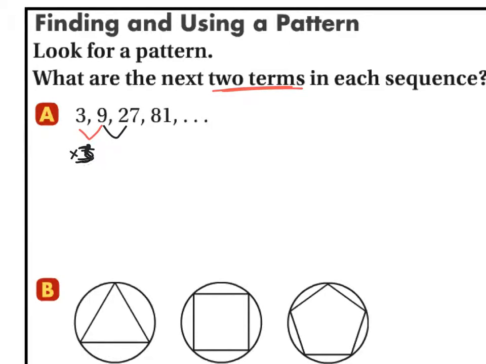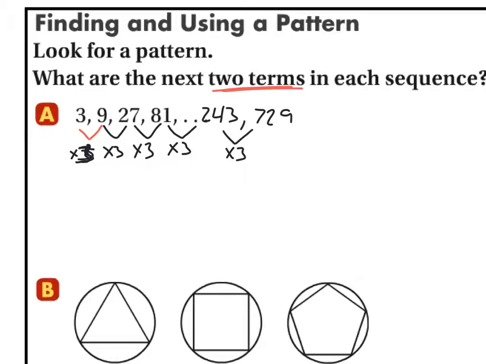So times 3 gives me 9. Then times 3 gives me 27, right? 27 times 3, does that give me 81? Yep. So we can continue that pattern. What's 81 times 3 then? 243. And what is 243 times 3? Very good. So that would work. There's our next 2 numbers in our sequence, 243 and 729.